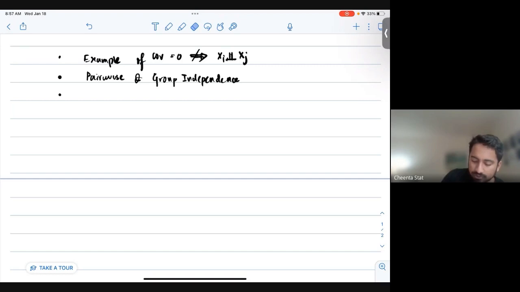Also revisit this question: if X1, X2, X3 are independent, does it imply that X1, X2 are independent?